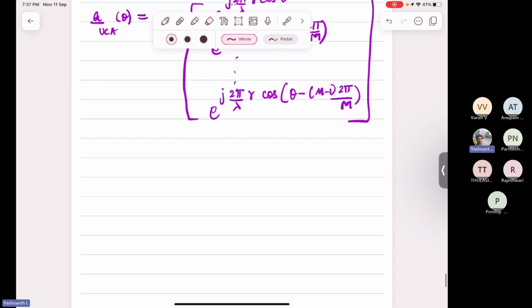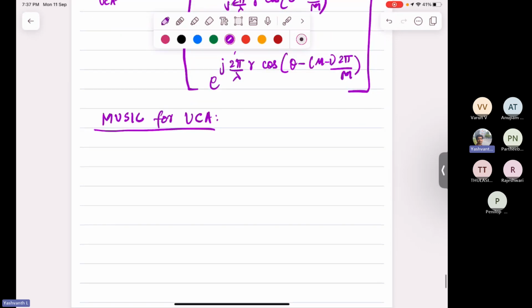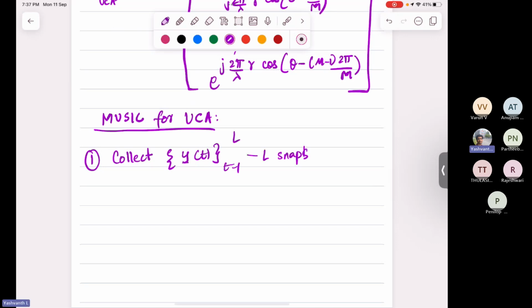Now MUSIC is straightforward. It's actually the same as ULA, except that in the spectrum function, instead of A_ULA, you will just use A_UCA. First step is to collect the snapshots from t equal to 1 to L, L snapshots, same as what we saw for ULA.